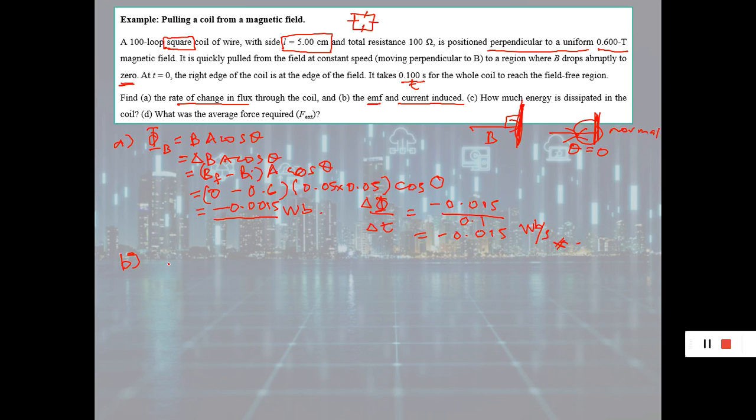So EMF, we know that EMF equals the changes in magnetic flux over the changes in time. So from what you have obtained before, you must put the negative here, so it will give you negative.